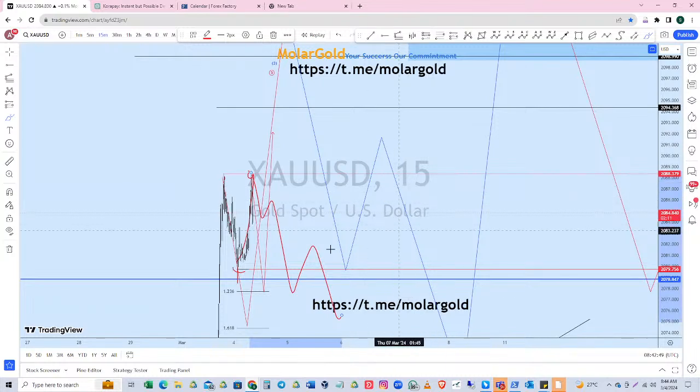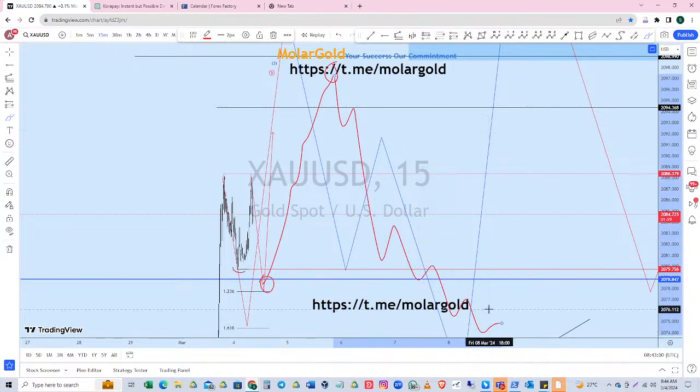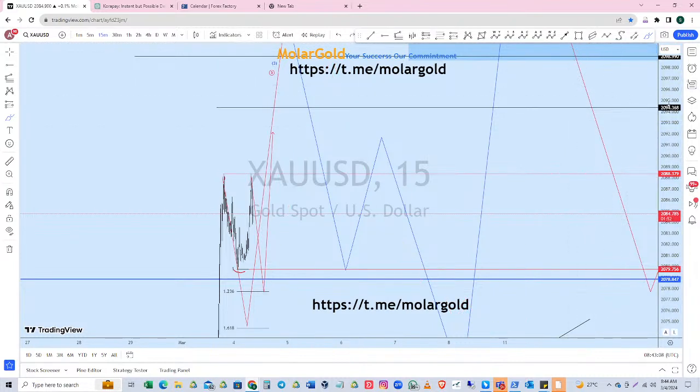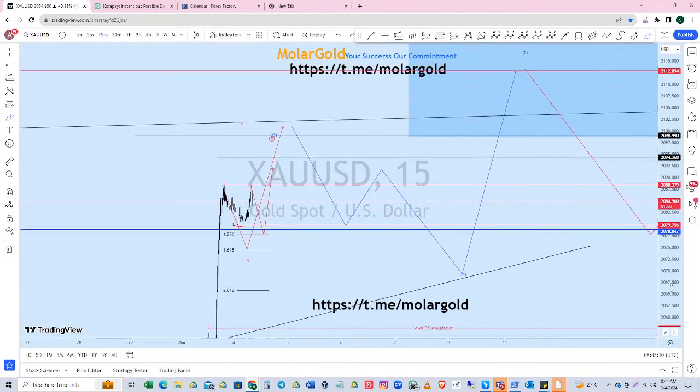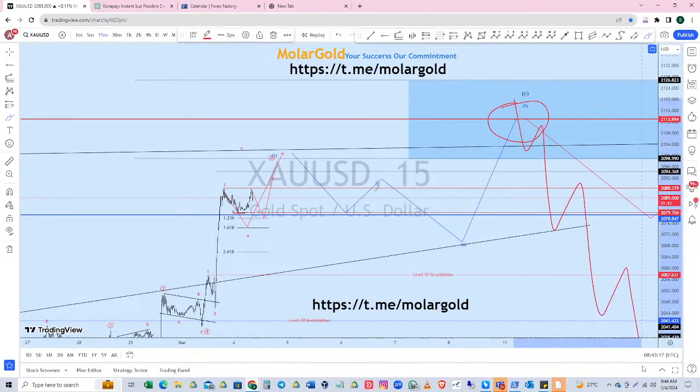If that is not it, then we should look for a buy right here. We go back up, and then we get this blue degree wave 1 2 3 4 1 2 3 down, and then we go back up into the zone we are looking for. The zone is 2098 all the way to 2126. When we get into this zone, don't think buy again, think sell.